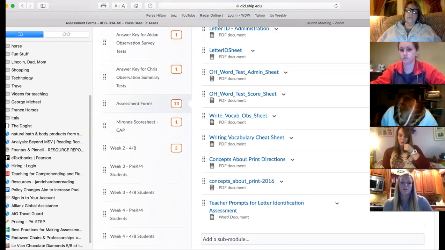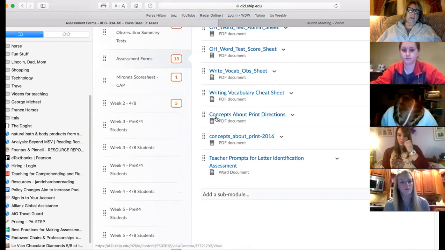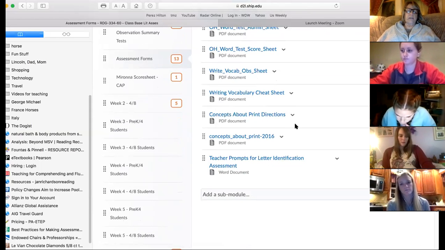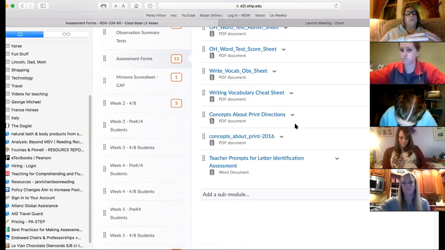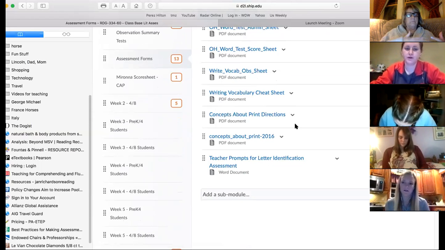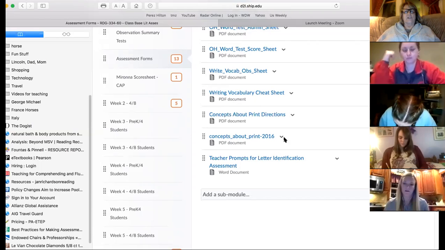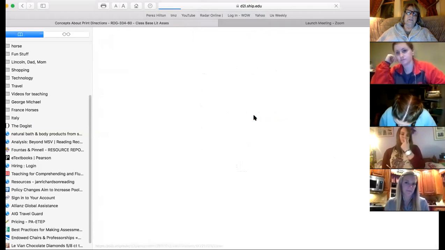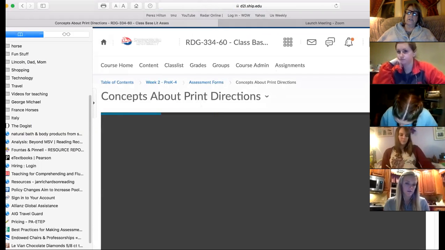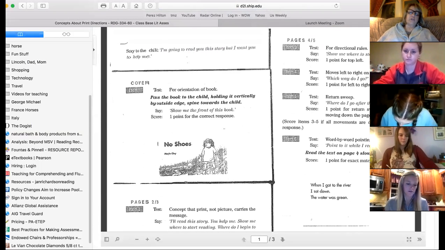And then I also emailed you this file, Concepts About Print Directions. So if you could have that spiral brown notebook, no, file card, you know what I mean, that thing you bought at Staples. The note card thing. Yeah, that thing. So you're going to learn how to cut up this direction sheet and make your book.